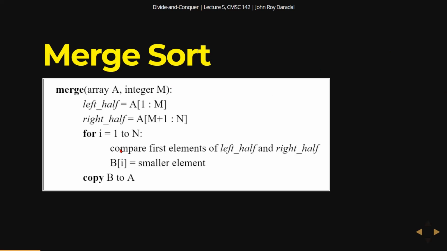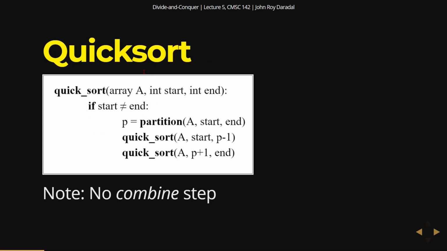Okay, so this was the merge part, no? So the left half and the right half, and then for each item, compare the elements of left half and right half, and whichever is the smaller gets copied first to the merged version, right? So merge sort follows divide and conquer.